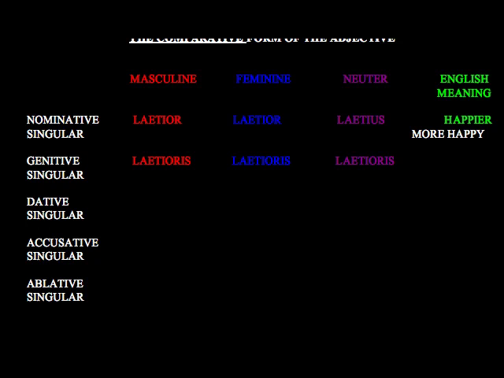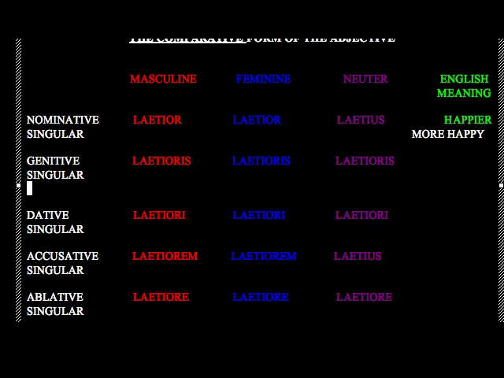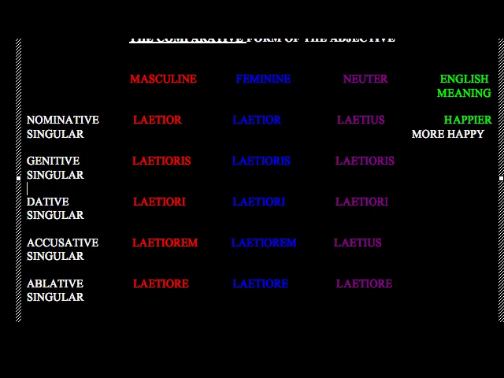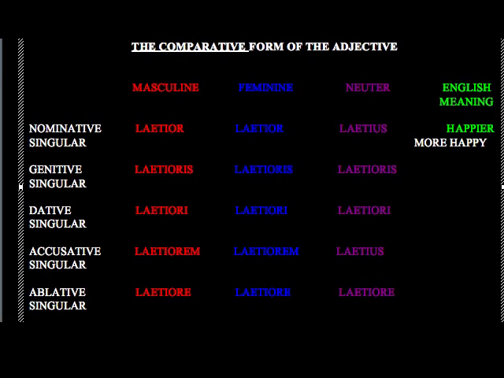And then lastly, we'll just decline it the rest of the way so that you get a chance to see how that's done. It's going to be laetiori, laetiori, laetiorem, laetiorem, laetius again because it's the neuter, and laetiore in the ablative.